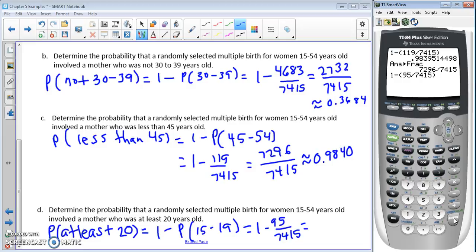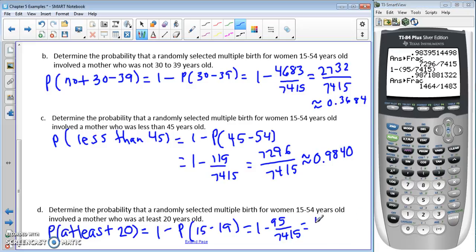And then math, enter to get our fraction. And then you'll notice that one's reduced there. It's a big percentage. And that is approximately 0.9872 there. All right.